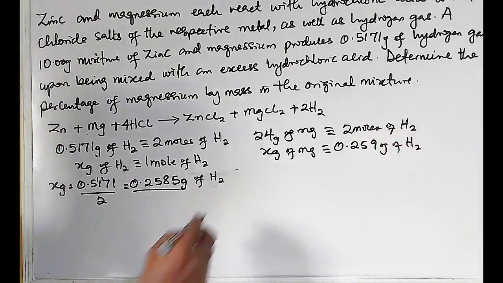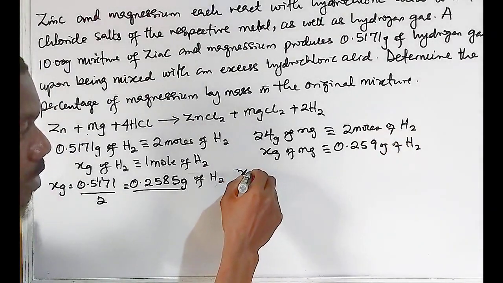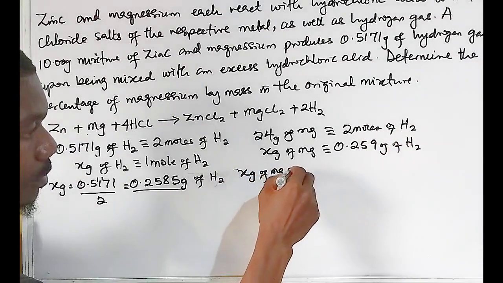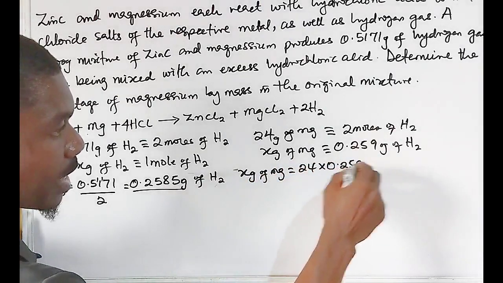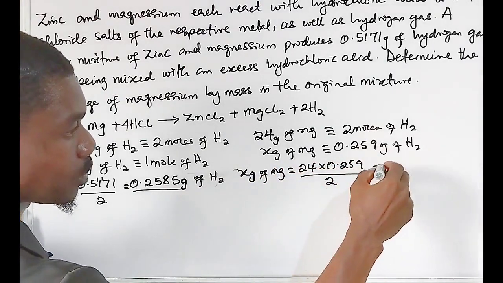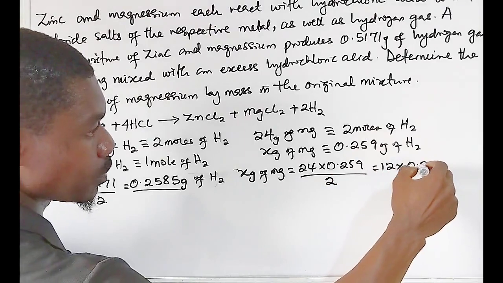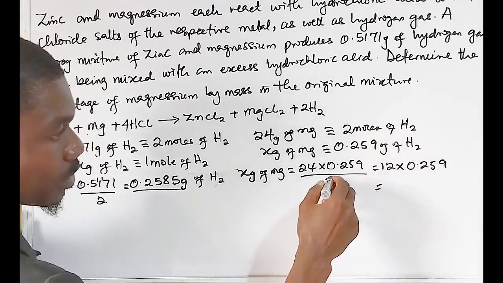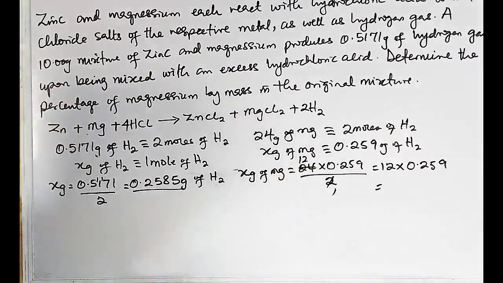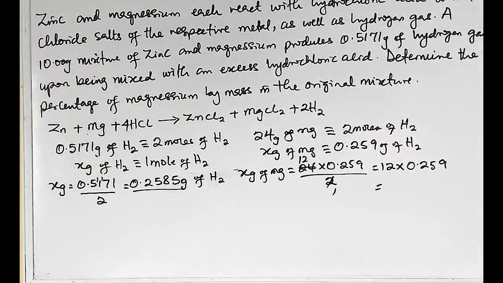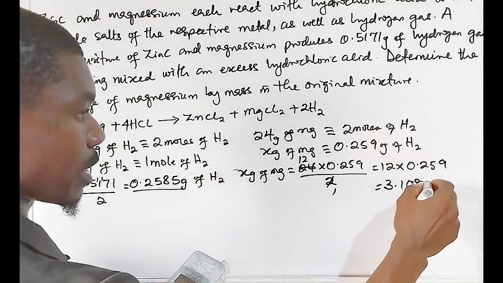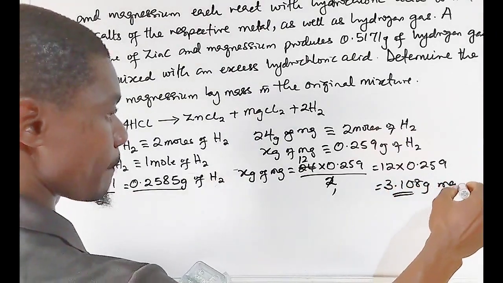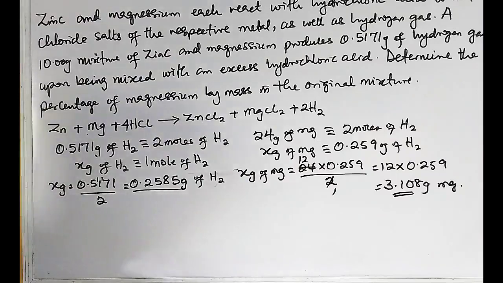So punching our calculator, x gram of magnesium will be 24 times 0.259 all over 2, and this will give us 12 times 0.259, because 2 in 24 is 12. Punching our calculator here, we have 3.108 gram of magnesium. So this is the mass present.